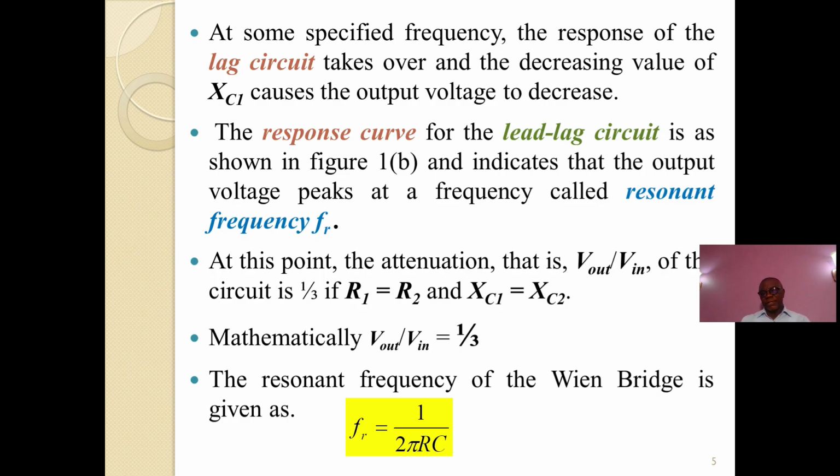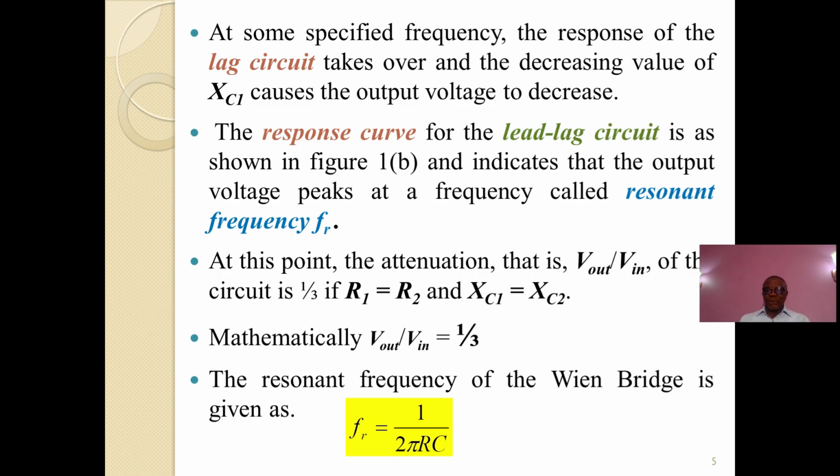Attenuation means the ratio of the output to the input. We say it is a very important point when it is 1 over 3. And that point happens when R1 is equal to R2 in the voltage divider section of that figure we've seen, and the reactance of C1 is equal to the reactance of C2.